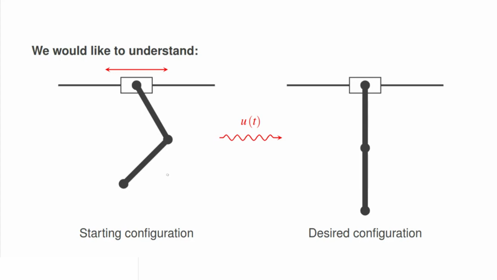Suppose that we're given a state space model of our system of the form x dot is equal to Ax plus Bu. Can we work out how to design our control input u to drive the state x of our system from one point in the state space to another?